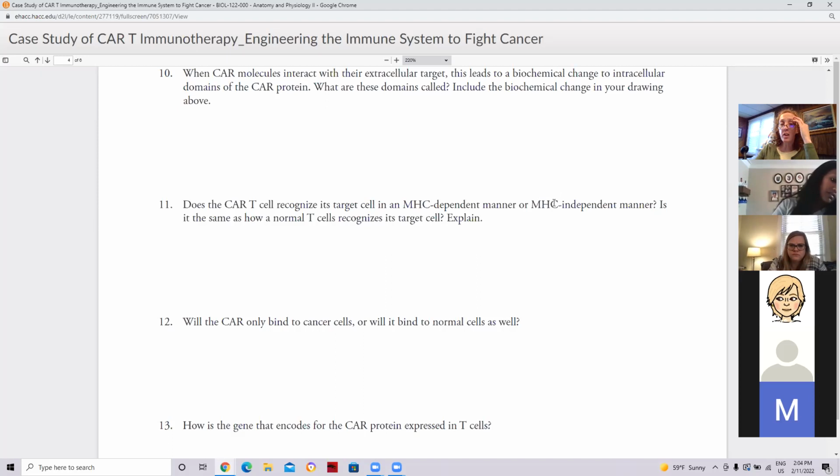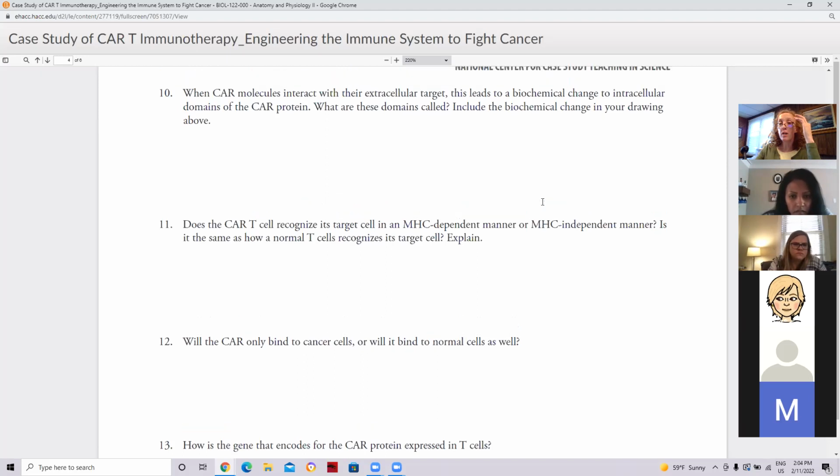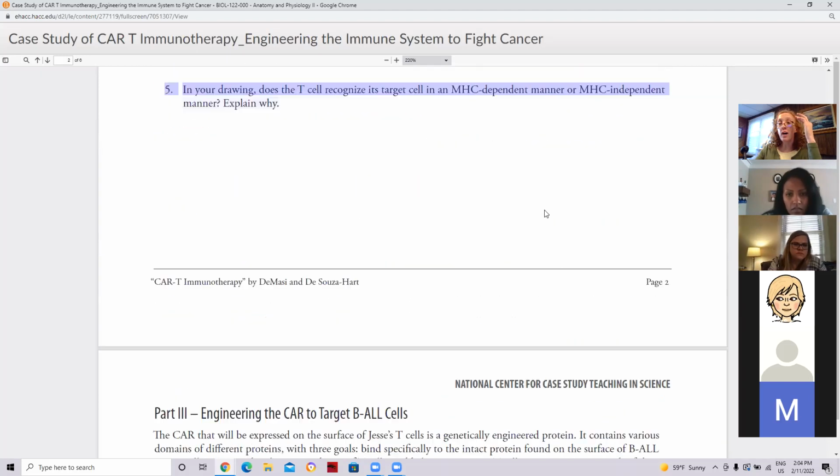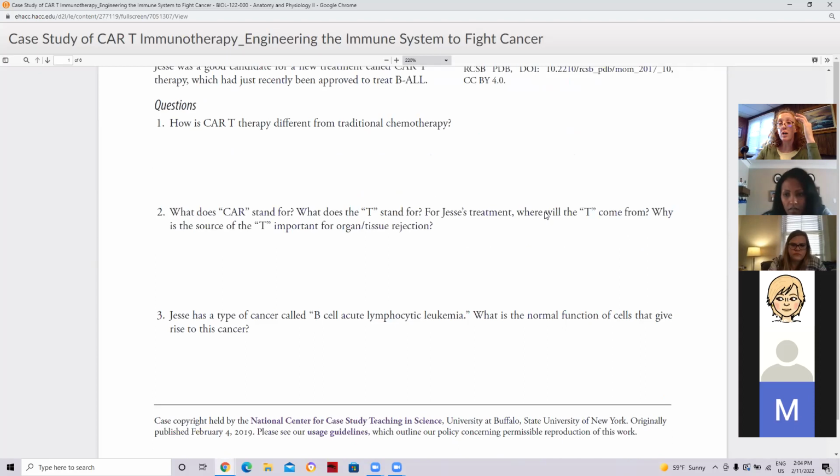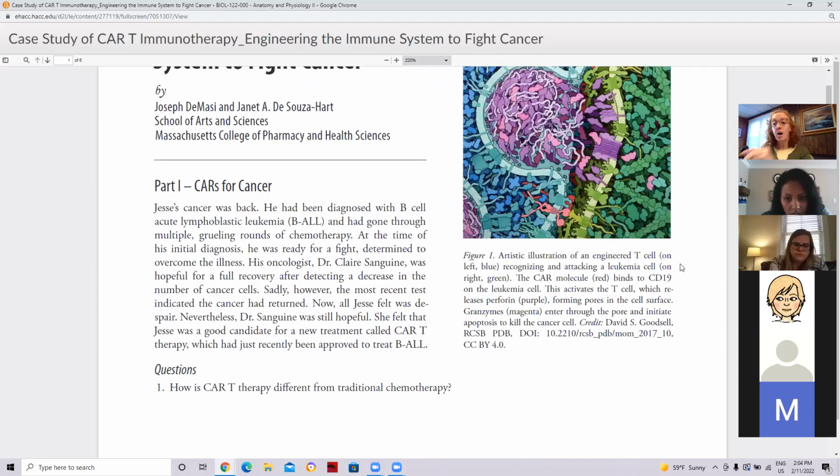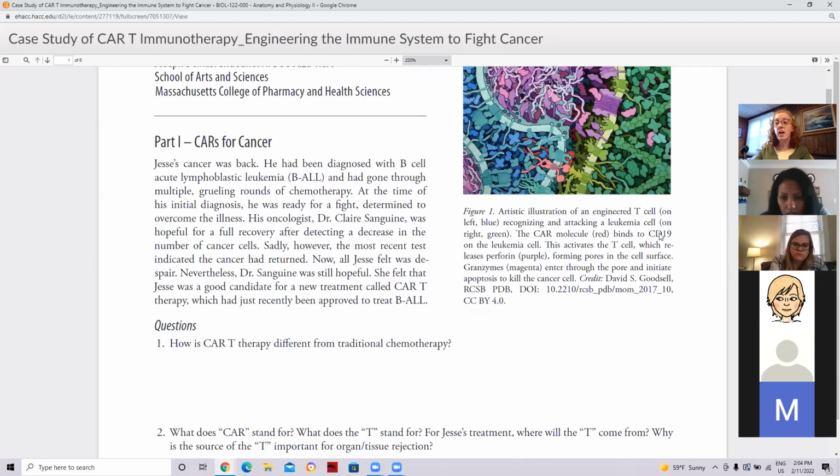Yeah, it doesn't have to have an MHC molecule attached to it. So does this CAR T cell need an MHC molecule to be present? Go ahead, Martin. Yes. I would say yes.